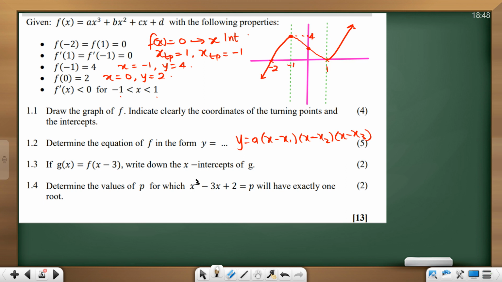Please, let's understand. What are roots? Roots are points of intersection. I cannot overemphasize the importance of that, because this would come again in paper 1, question 5. When we deal with functions, they'll definitely show up. Roots are points of intersection.